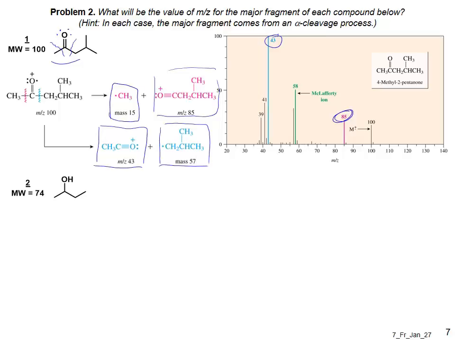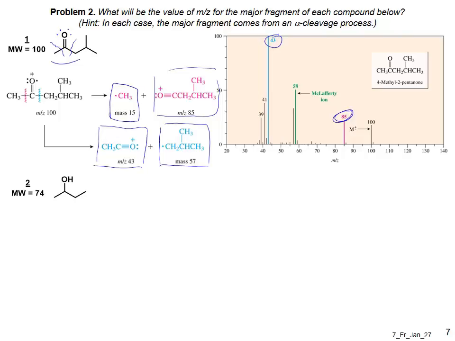On this slide here, I just show the structure of the main fragments that would be formed through alpha cleavages. You need to be able to predict those, but you also need to be able to do what's not on this slide, which is to draw the mechanism.